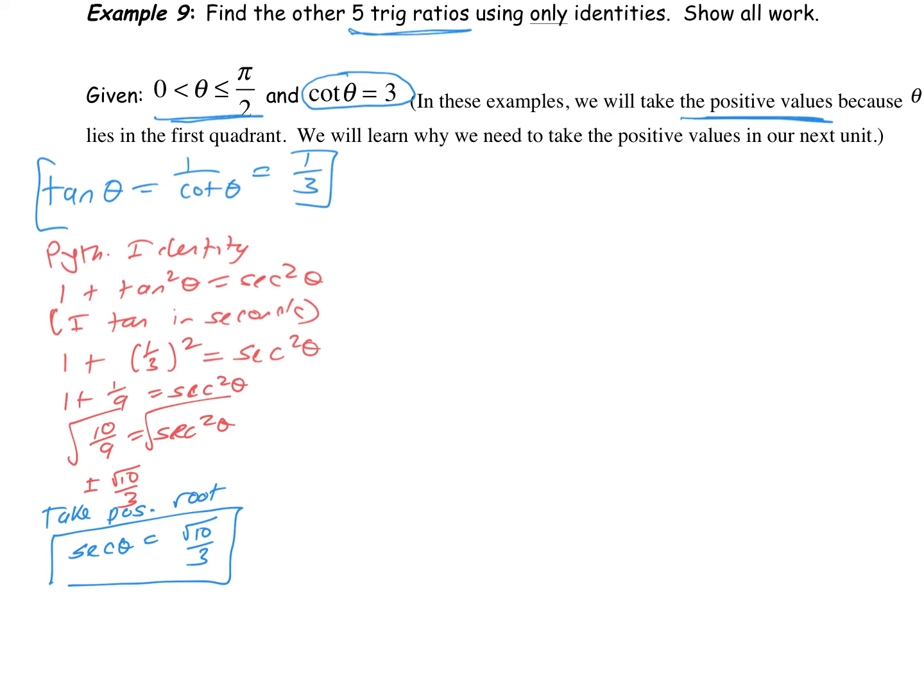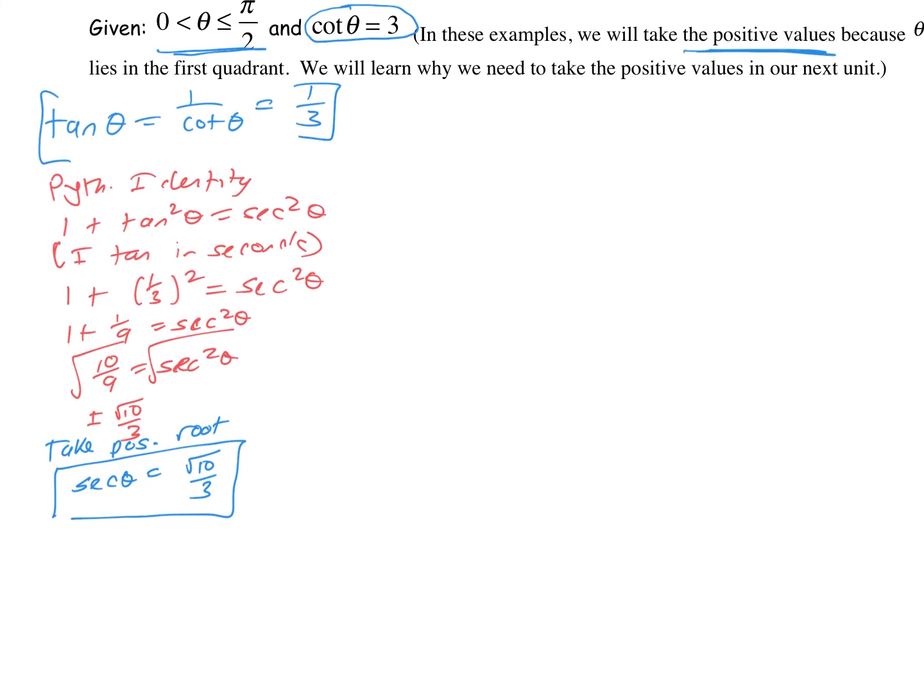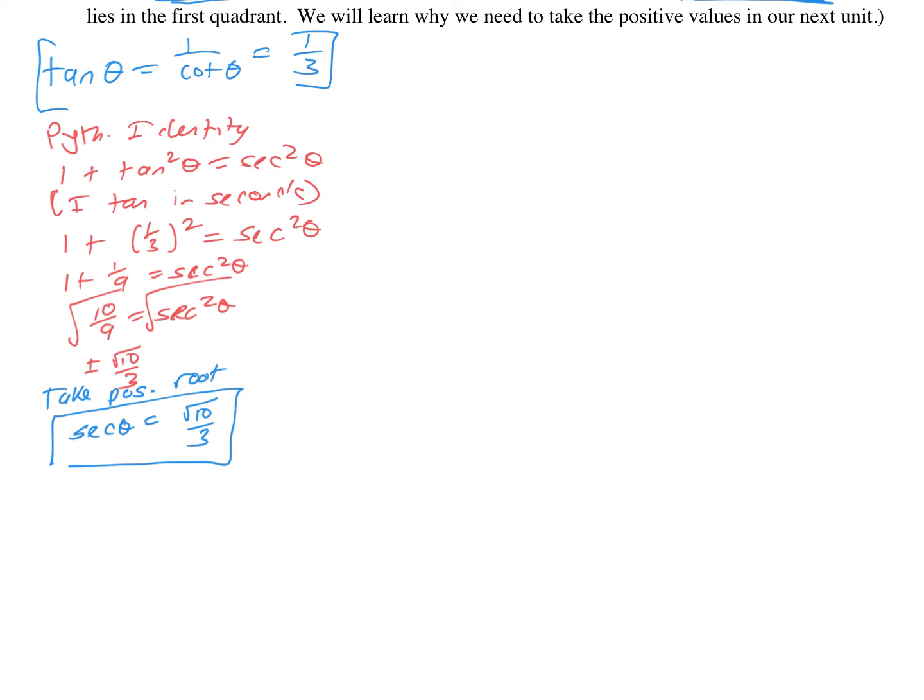Now, once we know secant theta, we can use the reciprocal identity to determine cosine theta. So we know that cosine theta is the reciprocal of secant theta. So that means that cosine theta is going to be the reciprocal of rad 10 over 3.